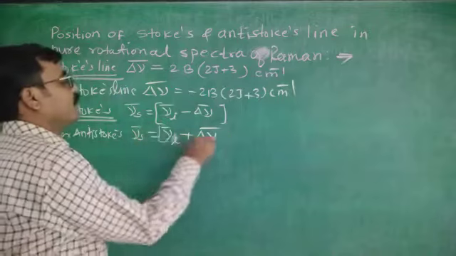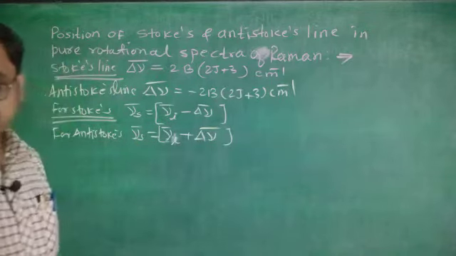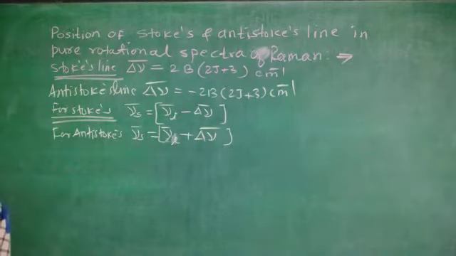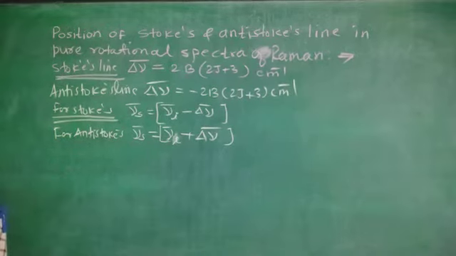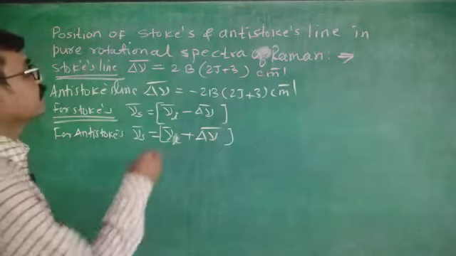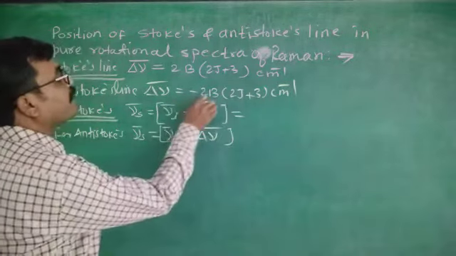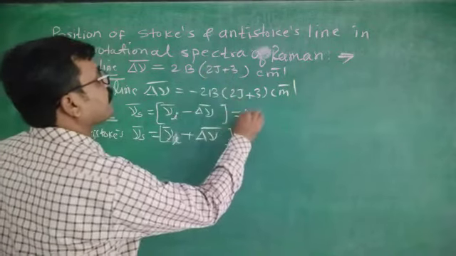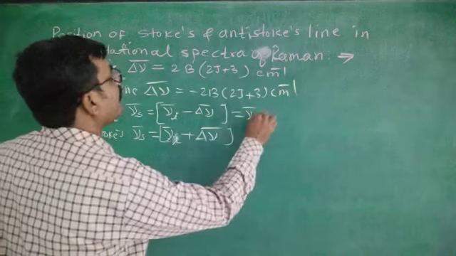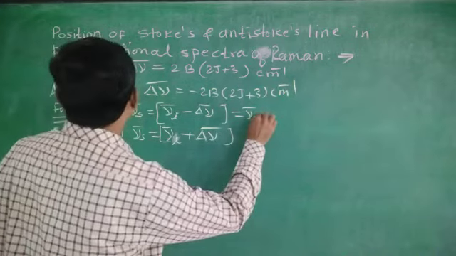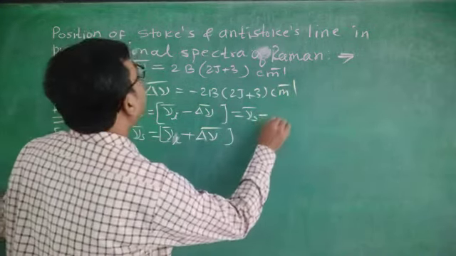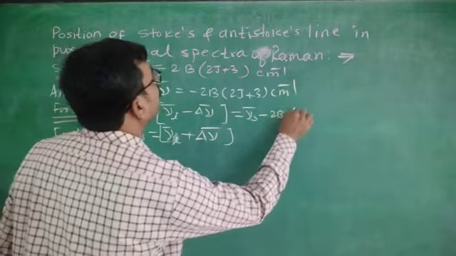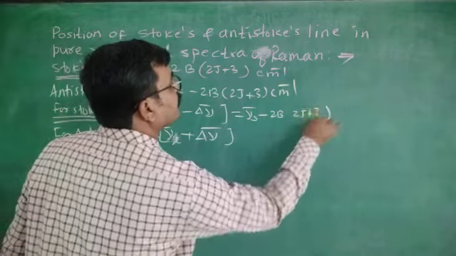Now if we put the value of delta nu bar, what do we get? It will be this one for Stokes lines. So for Stokes lines, nu s bar equals nu I bar minus 2B into 2J plus 3.